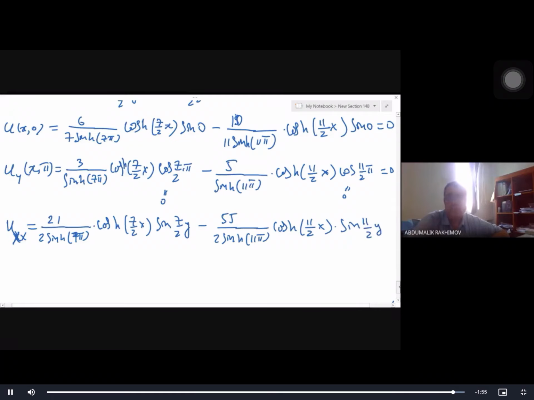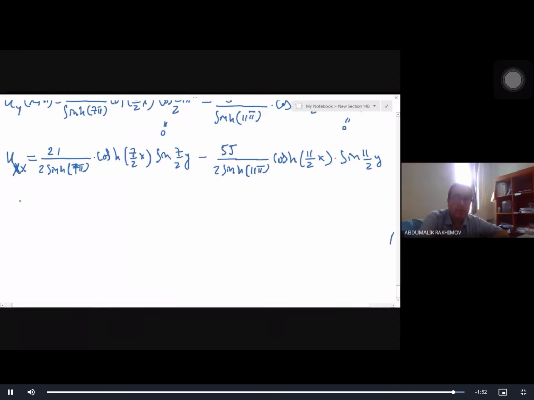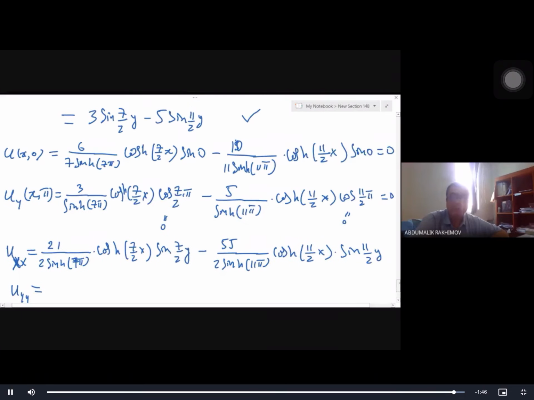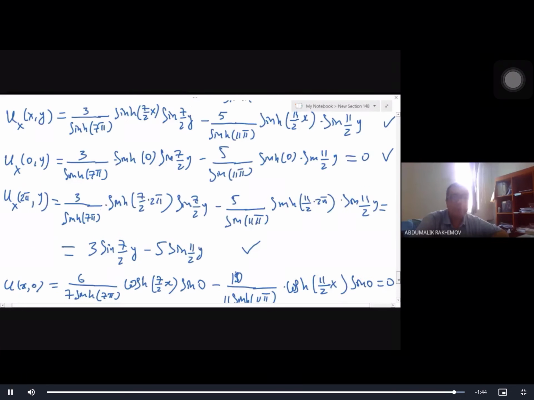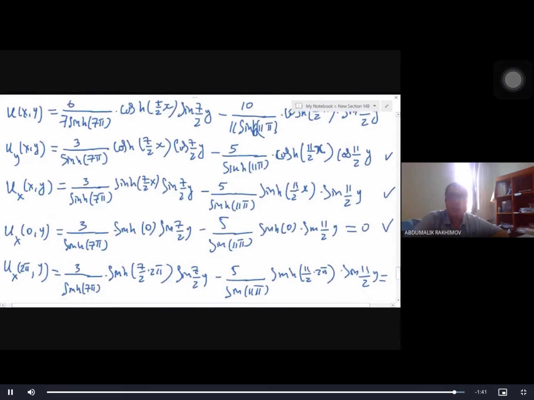Now u_yy. How do you find u_yy? This is the second derivative of u with respect to y. So you see, this is u_y. If you differentiate this cosine, the derivative of cosine will be minus sine. The derivative of this cosine, again minus sine. When you find the derivative, 7/2 is coming here, but with minus, and I will multiply by 3. The same, and 11/2 is coming.